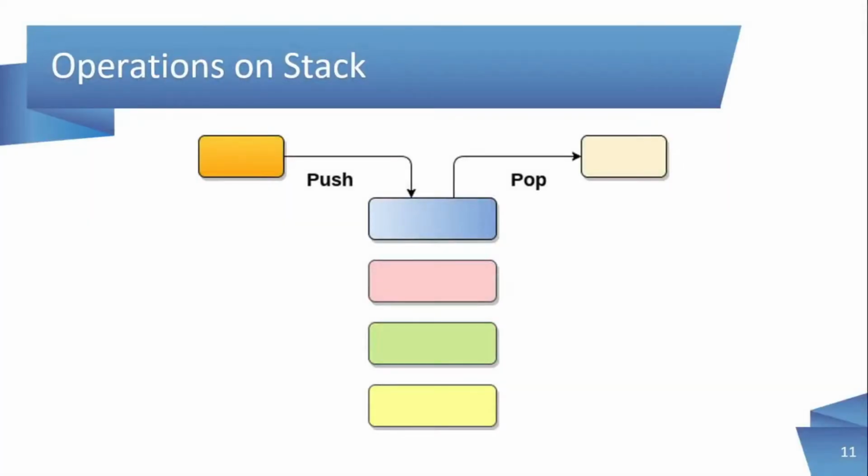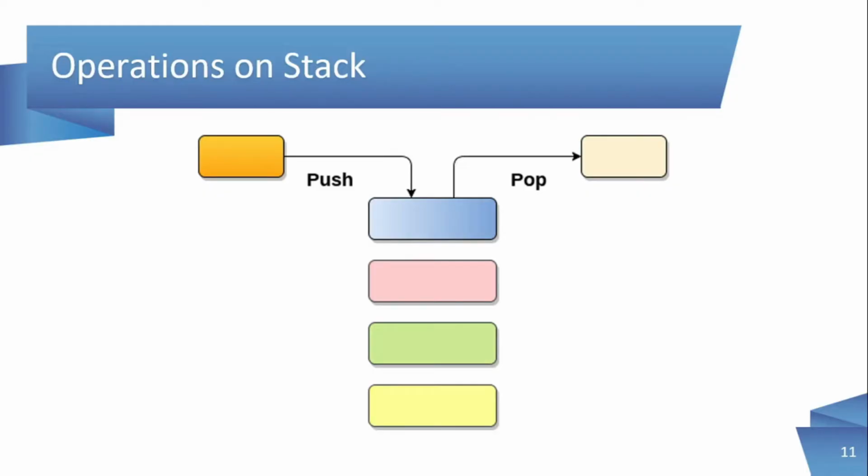So operations on stack. A real-world stack allows operation at one end only. For example, we can place or remove a card or plate from the top of the stack only. Likewise, stack ADT allows all data operations at one end only. At any given time, we can only access the top element of a stack.